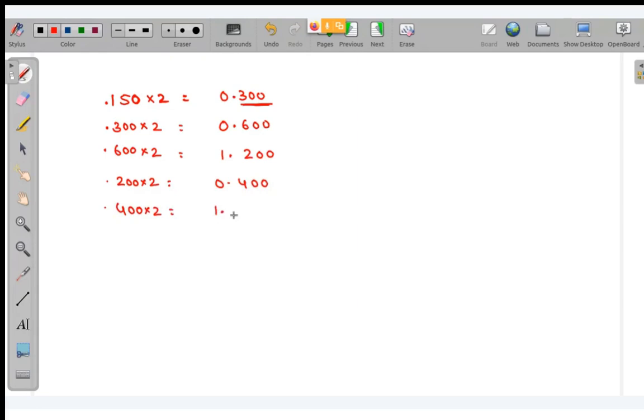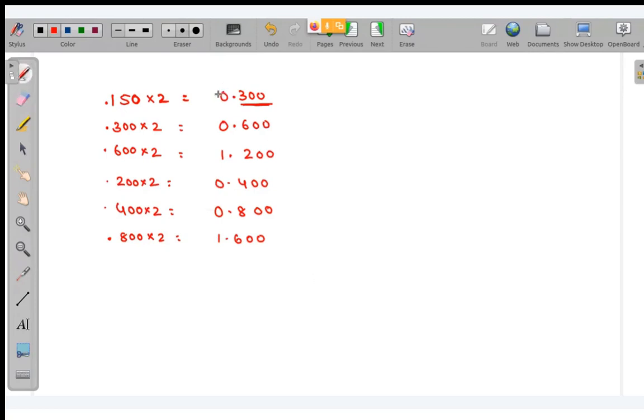So this will be 0.800. Once again you can keep on doing this. So you will be getting 1.600, and you can keep on doing this till you get 1.000, because when you get this, then you cannot multiply it. No need to do it that long, you can do it up to 3 or 4.